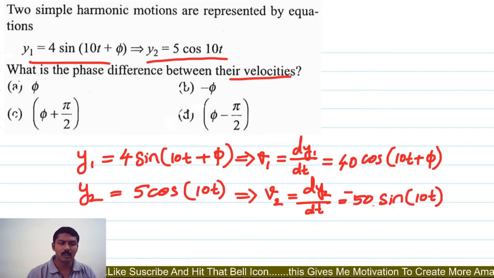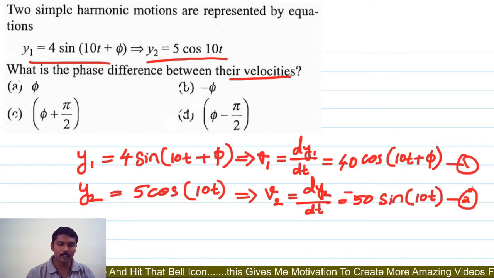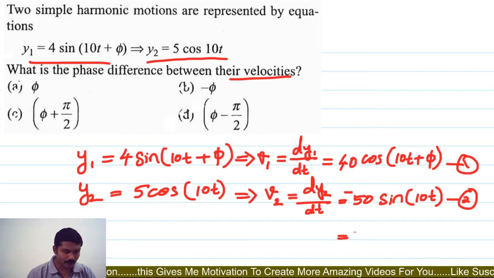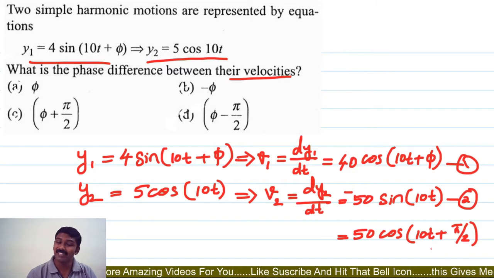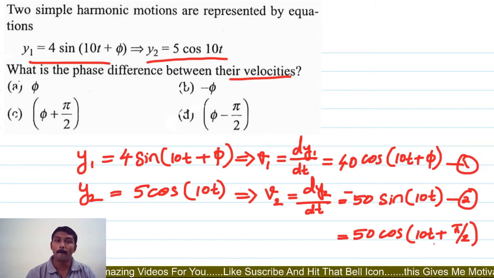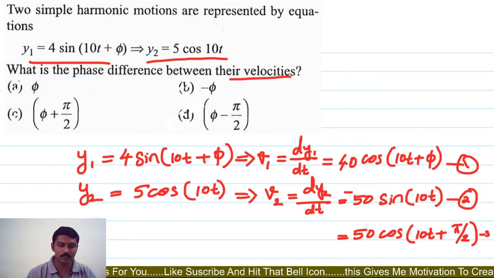We change the second equation into a look-alike of the first equation, writing it as 50 cos(10t + pi/2), since cos(theta + pi/2) gives you minus sin theta. So now these equations have the same form. Let's call them equation number 3 and equation number 2.